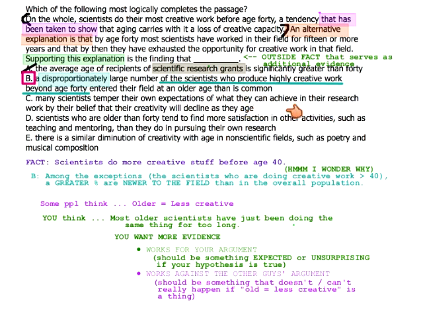If you take a look at the rest of this, choice C says that basically people tell themselves that they are getting less creative as they get older, and so they get less ambitious or whatever.